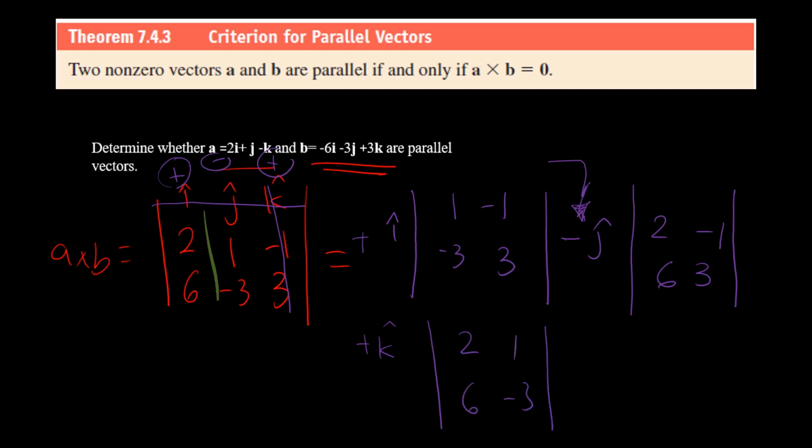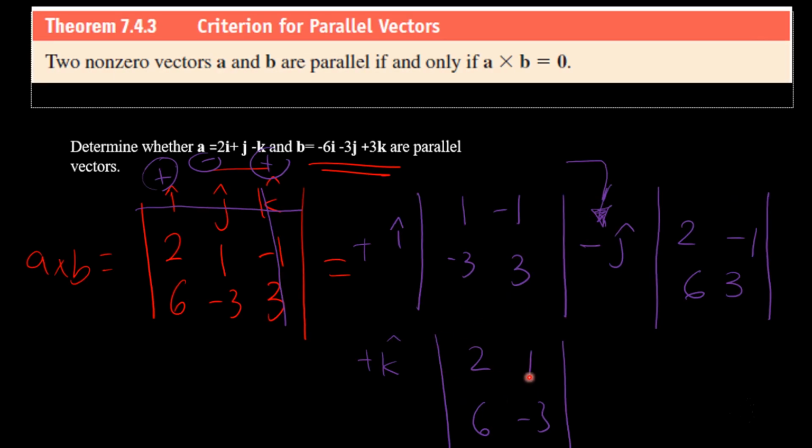Now what we have to do is find the determinant of these 2 by 2 matrices. So let's solve them, but first I'm going to write it neatly on another page. So let's do this.